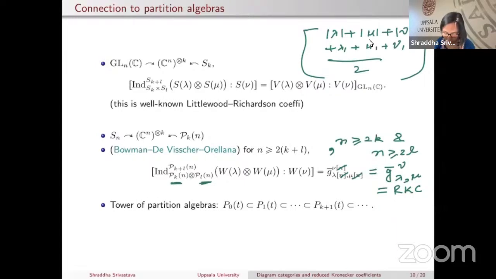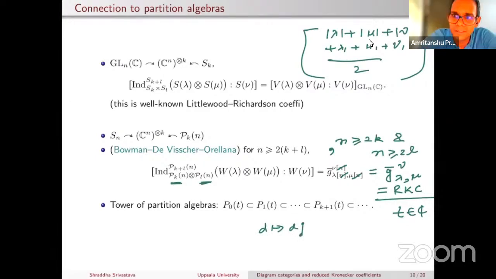Partition algebras, if you fix a parameter t and vary your k, then they fit into a tower of algebras. Specifically, you take a diagram D, and if you want to embed it in the next one, put just a vertical line to the right of it. There have been studies of the representation theory of towers of algebras.